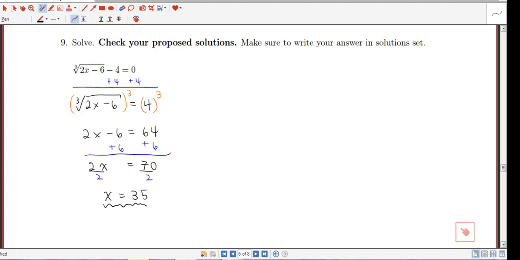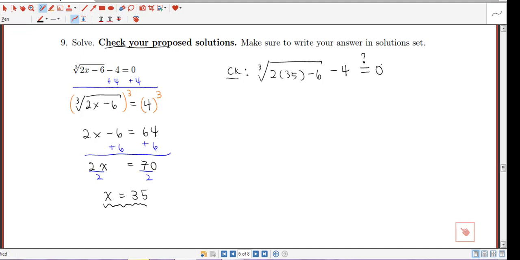Now that's the proposed solution, but it says check. Okay, so let's check. Alright, so what you need to check is when x is 35, so which is what? Cube root of 2 times 35 minus 6 and then minus 4. Is it really going to equal to 0? That's what you need to ask.